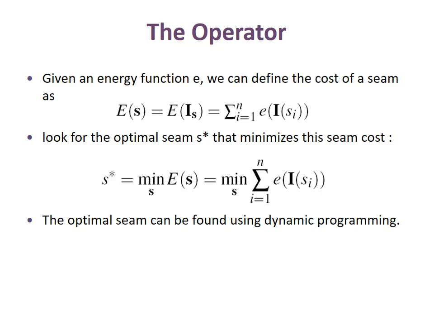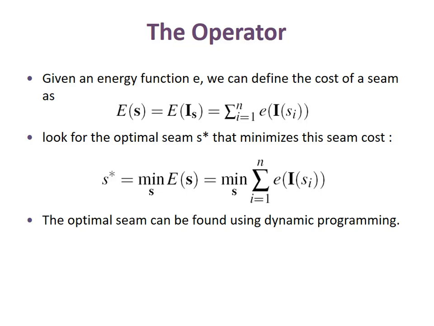Okay, and then we try to solve this algebra function. So it's an optimization equation. Actually, we are trying to minimize this energy function. So what gives the minimum energy E of s?